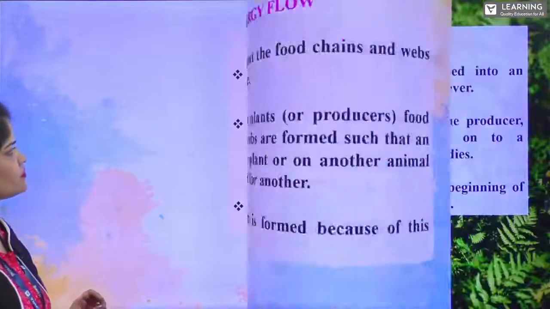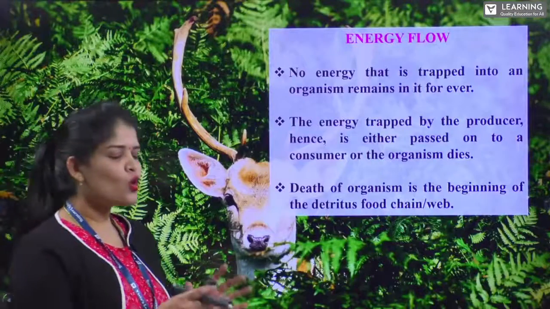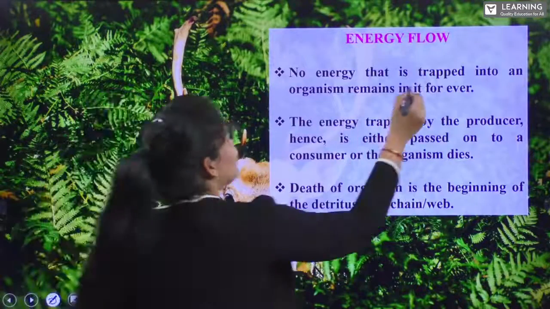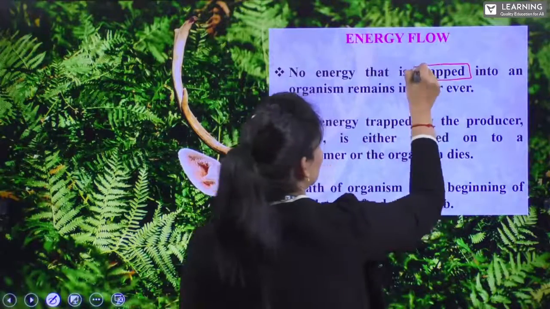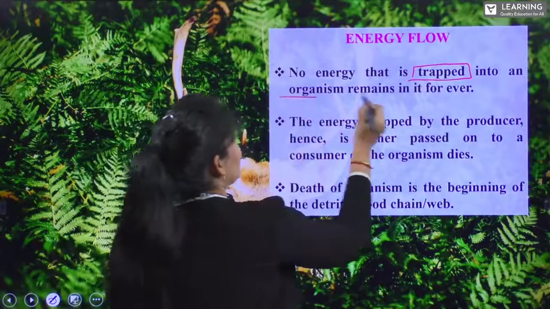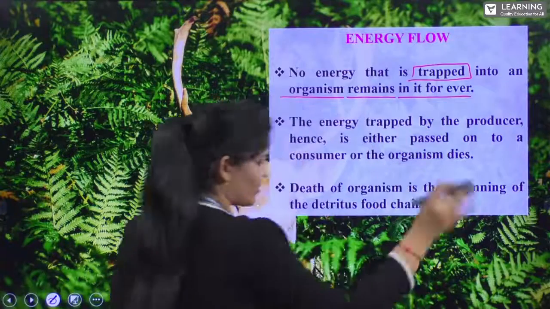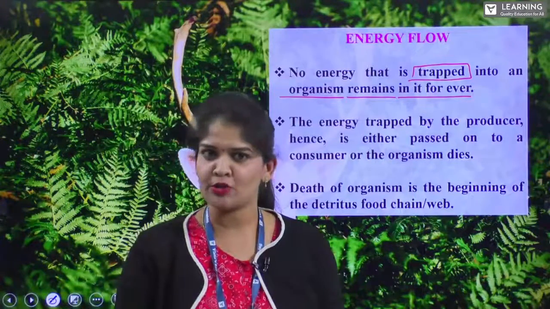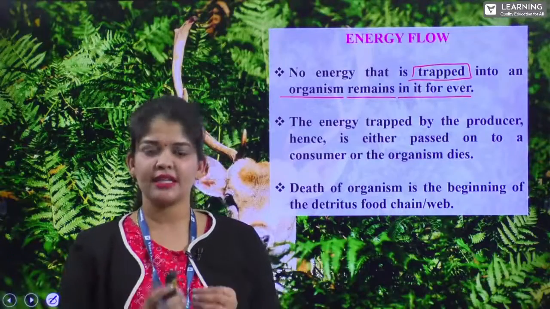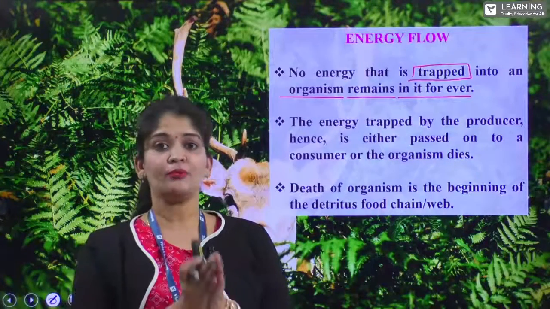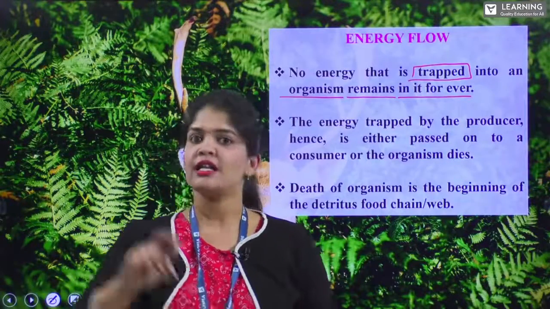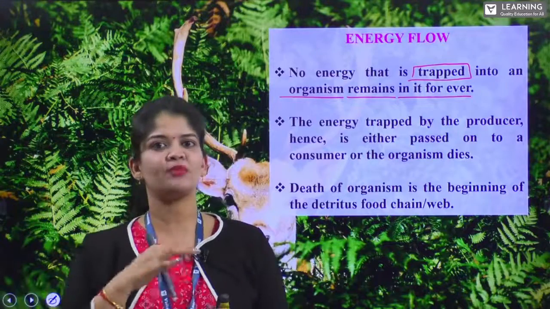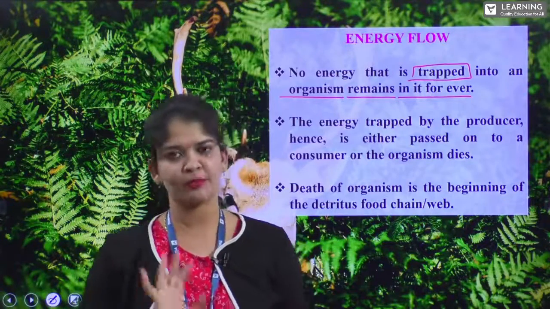Now, so here, no energy that is trapped into an organism remains in it forever. For example, we know that plants act as producers and trap the sun's energy, that is solar energy, and produce food. Therefore, the solar energy has been trapped in the form of food by the plants by performing photosynthesis.